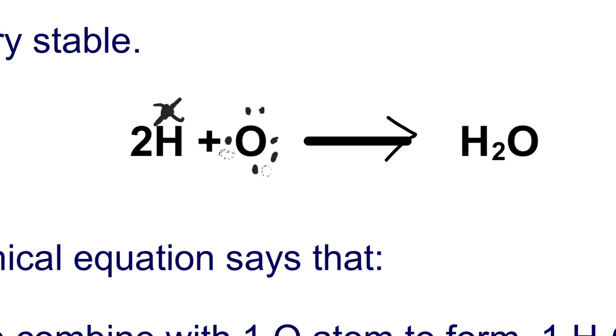So what's going to happen? 1 hydrogen is not going to satisfy 1 oxygen to make it stable. So here's oxygen with its 1, 2, 3, 4, 5, 6 electrons. Here a hydrogen is going to come over and share electrons with that oxygen.